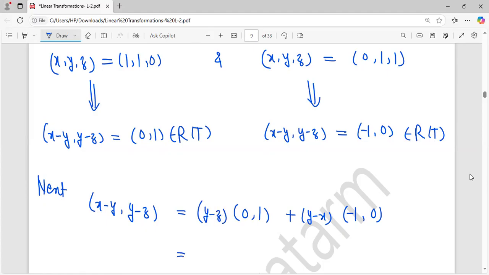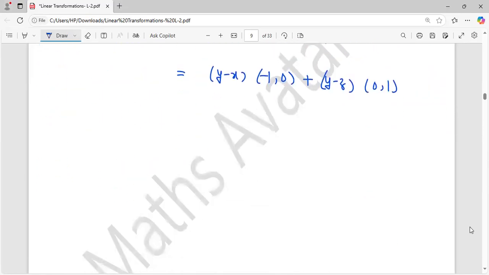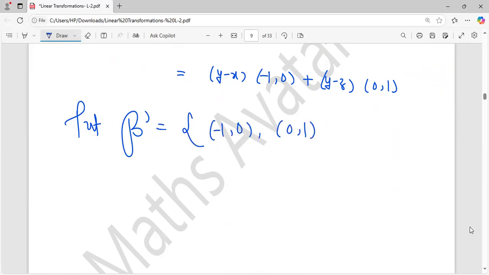It means (y minus x)(minus 1, 0) and (y minus z)(0, 1). So put B dash is equal to {(minus 1, 0), (0, 1)}.